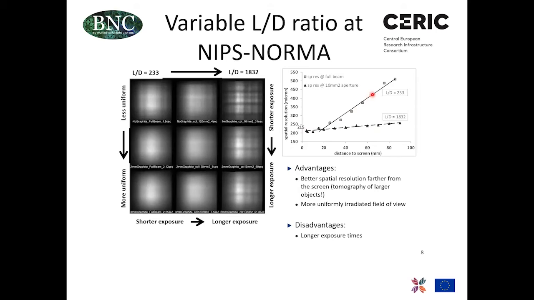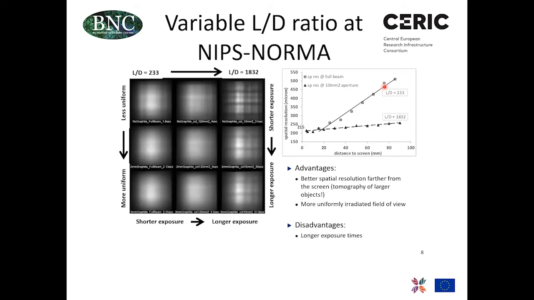While if you use a beam which is not so much parallelized, so this L over D ratio is lower, then the spatial resolution next to the camera and far away from the camera will significantly differ, and this will bring in some blurring in the final imaging result.